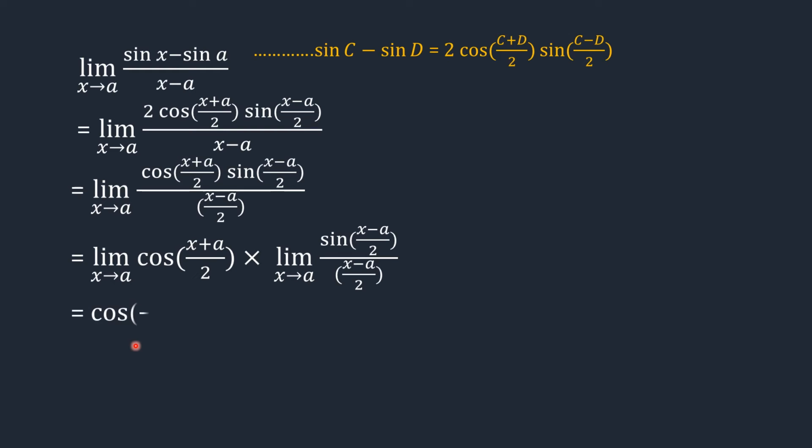So in the next step we will write here in place of x we will put a. So it will be cos a plus a over 2 and this limit is 1. So the next step will be 2a over 2. 2 will get cancelled and only a will remain. So cos a will be the answer.